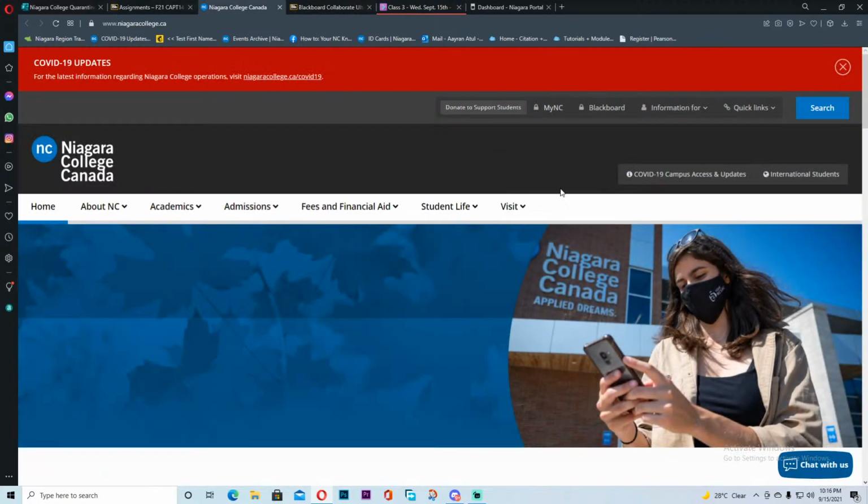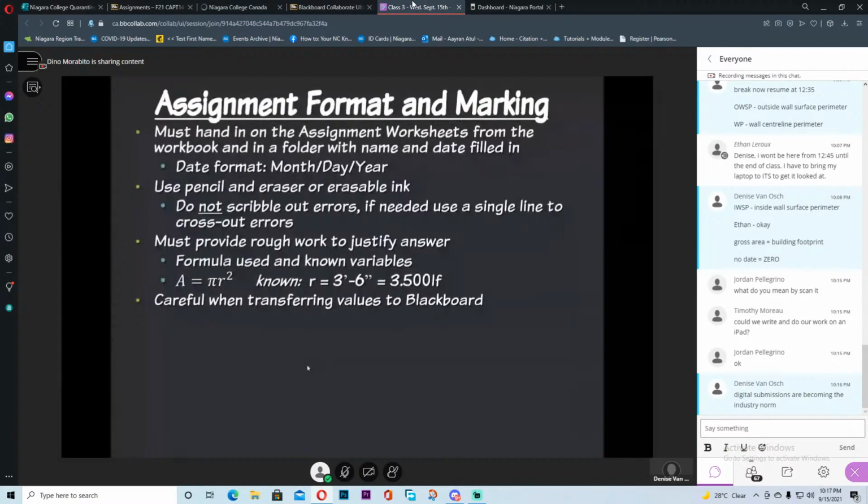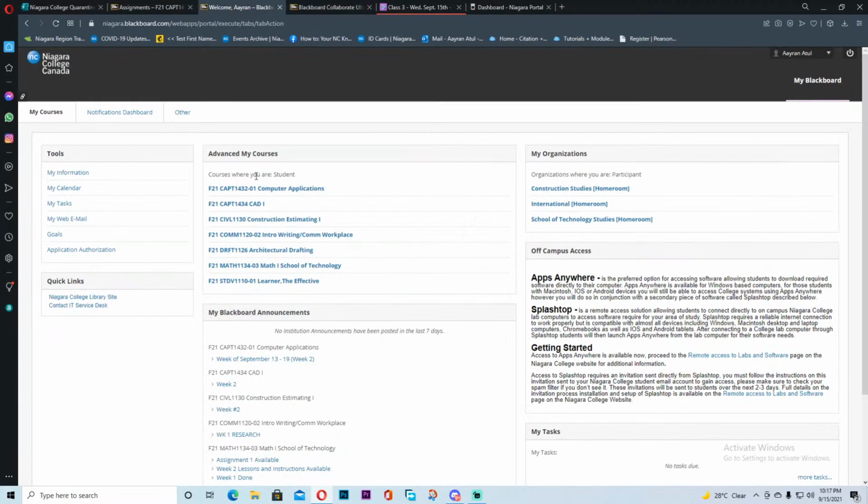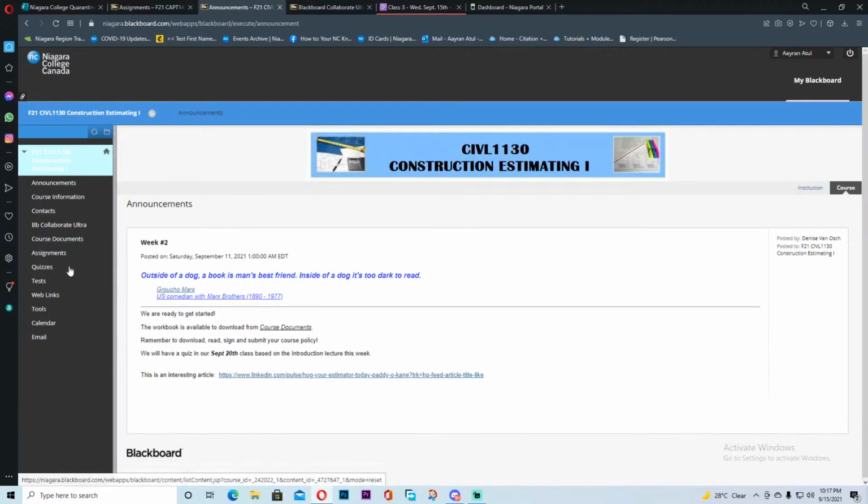Now, there's another side of this that I want to mention. Sometimes we see students submit all the right answers, and they submit their rough work, and the answers they calculated were all wrong. Now we have a problem, because what you're telling me is, I did all the work, here's the proof, I didn't do it correctly, but somehow my answer of 41.3 turned into 86.2 when I typed it into Blackboard.